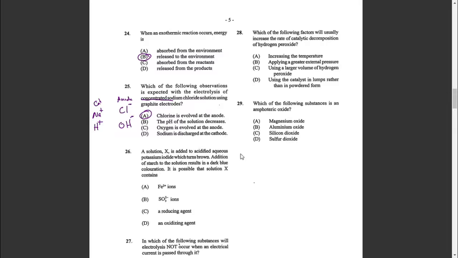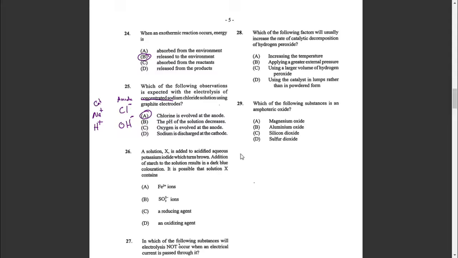26. A solution X is added to acidified aqueous potassium iodide, which turns brown. Addition of starch to the solution results in a dark blue coloration. Is it possible that solution X contains iron 2+ ions, sulfite ions, a reducing agent, or an oxidizing agent?